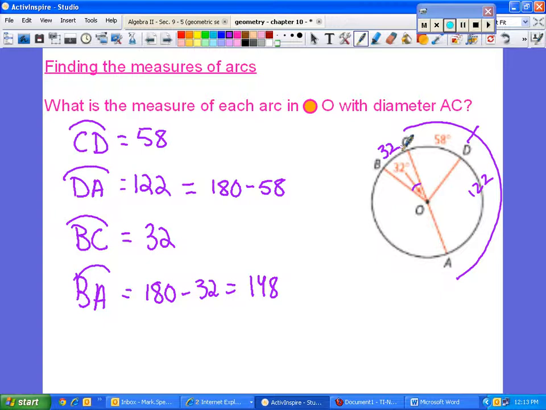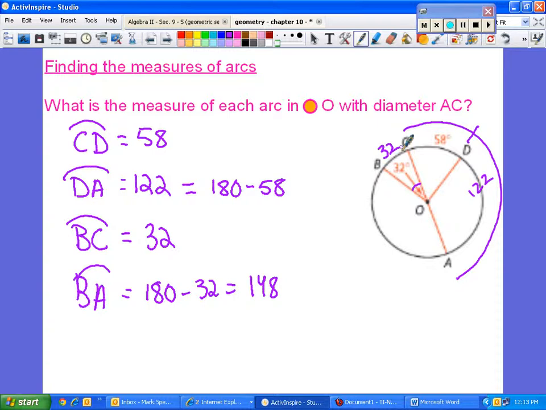Okay. You're all dancing around it. We know that the whole circle, I'm not saying that this is the best way to do it. I think Joe's way is the best way to do it. But you know that the entire circle is 360. We know that this one is 122, or 180. We know that these two combined are 180. And we know that this is 32.